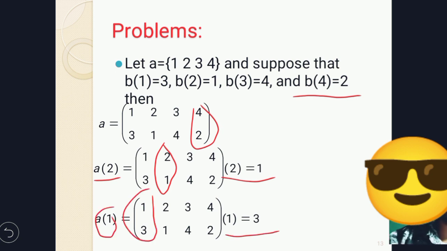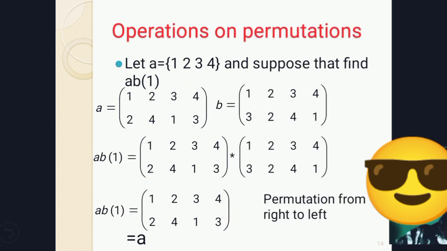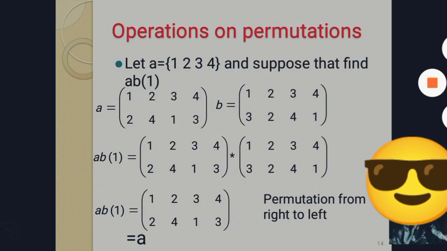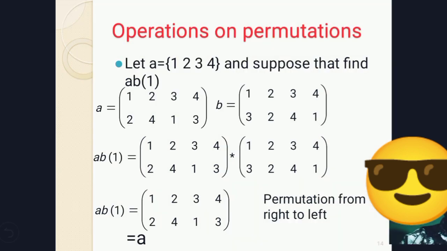Operations on permutation. Let A is equal to (1 2 3 4), and suppose we want to find A into B of 1. The domain is 1, 2, 3, 4.